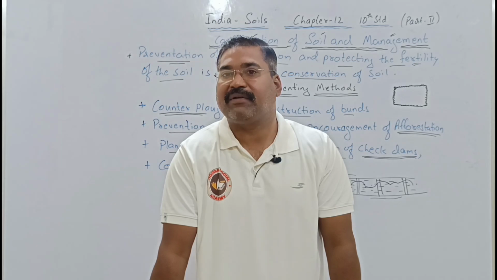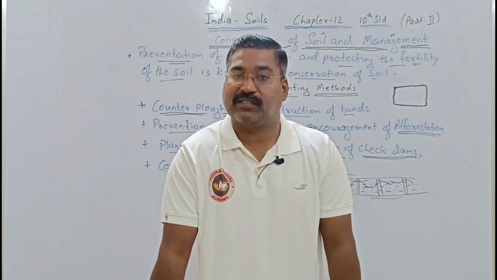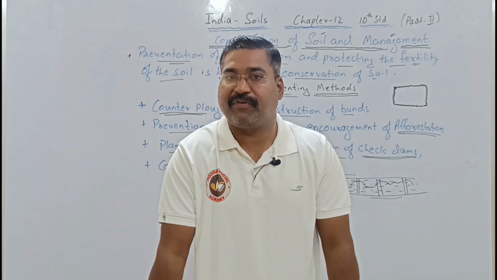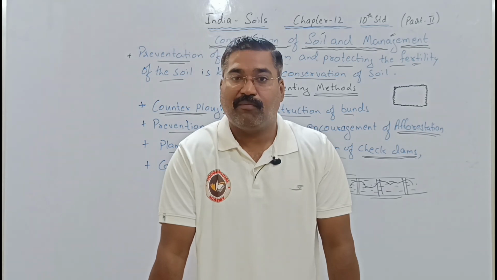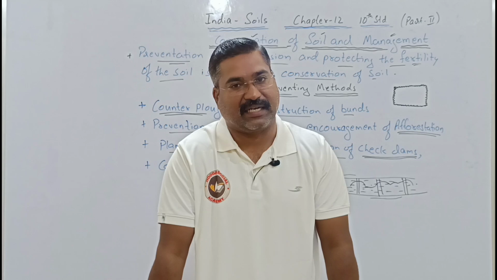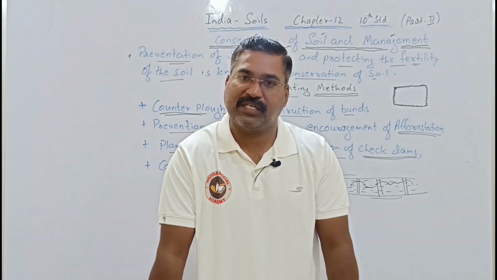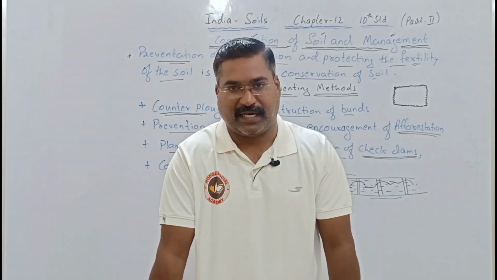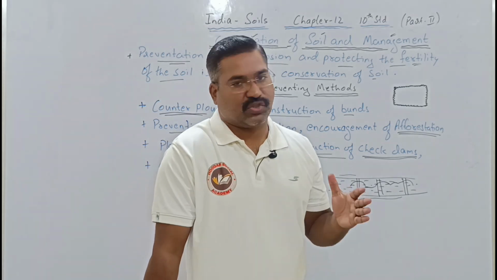In this chapter we learnt about the 6 different types of soil, what soil means, where the 6 types are found, what type of crop we can grow, and how the soil is helpful in the agriculture sector. In the second part, we studied soil erosion, its causes, effects, as well as the conservation of soil. So this was all related to Indian soils.